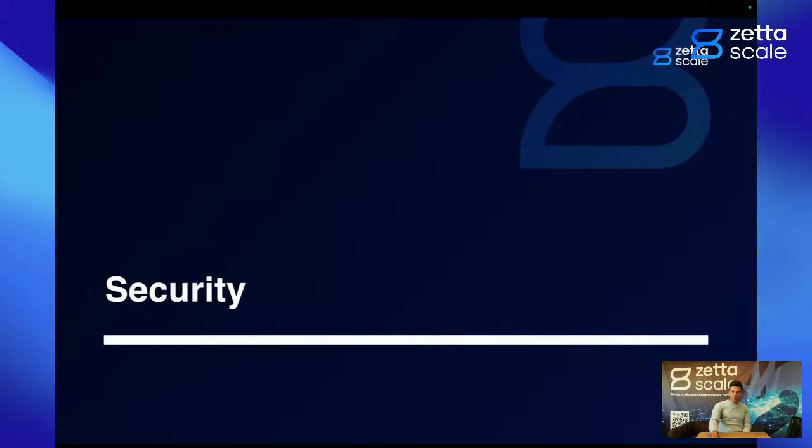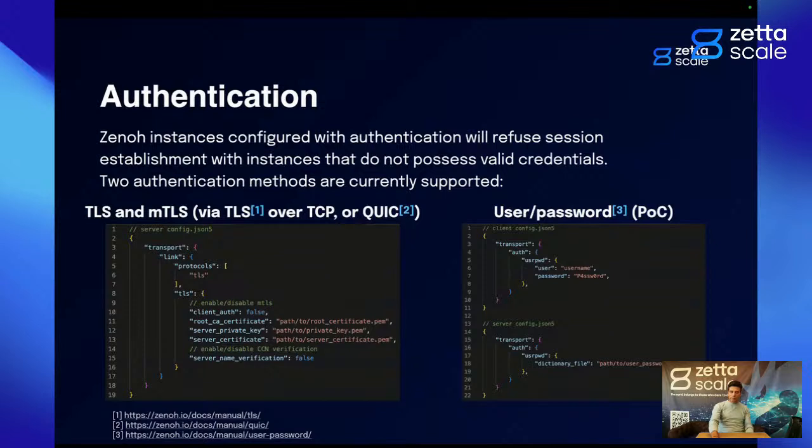Second example of applying interceptors is security, and more precisely, access control. But before getting to access control, a quick reminder of what Zenoh supports in terms of authentication. In Zenoh, you can enable authentication, and there are roughly two ways of doing it.